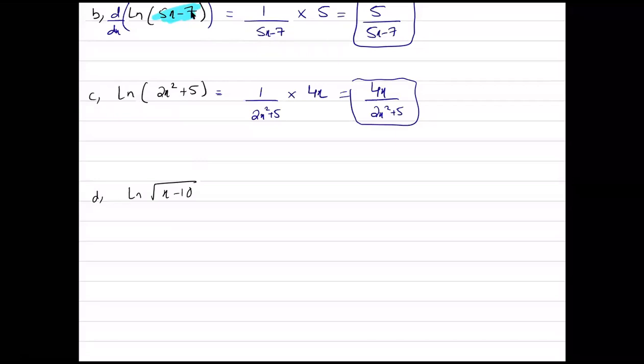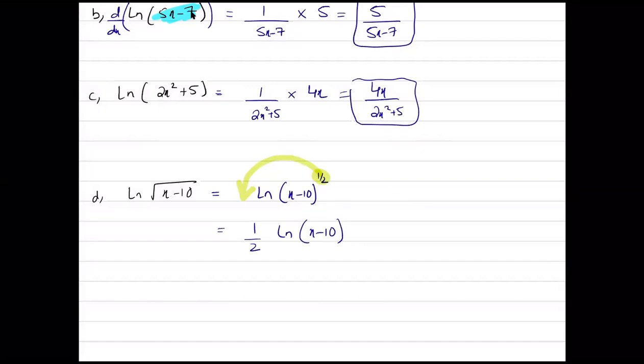Okay, let's solve this. I can write this statement as ln of x minus 10 to the power of half. If you remember the property of the log, would you agree that this power can come out as a product over here? Yes. So 1 upon 2 ln of x minus 10.